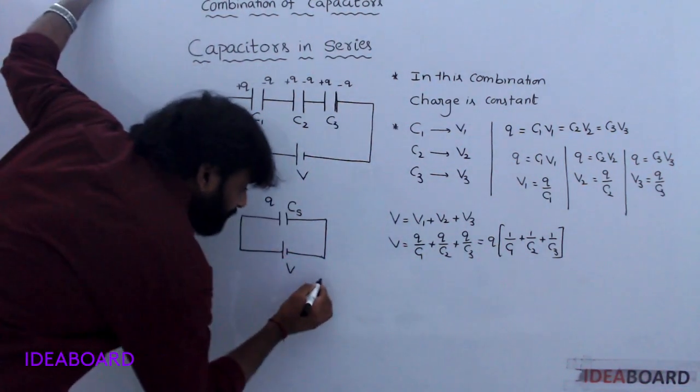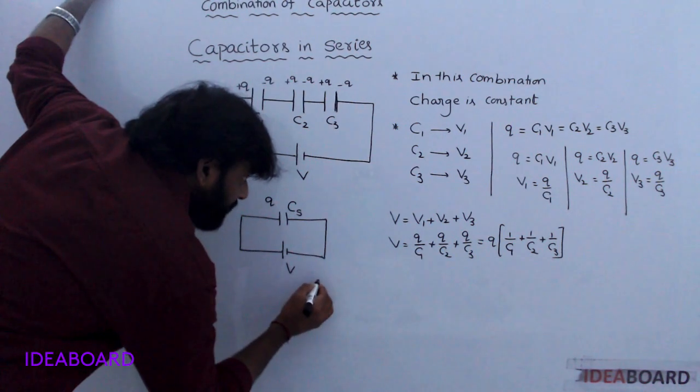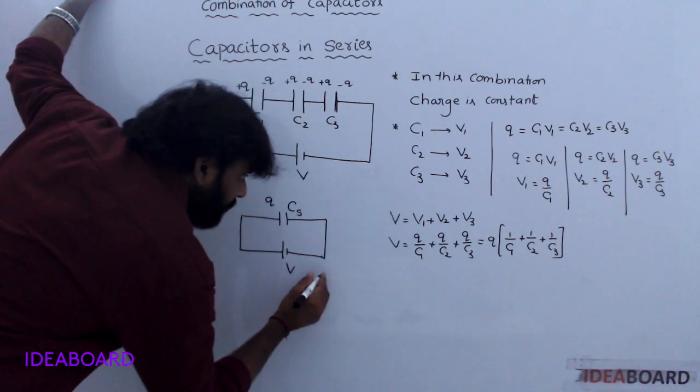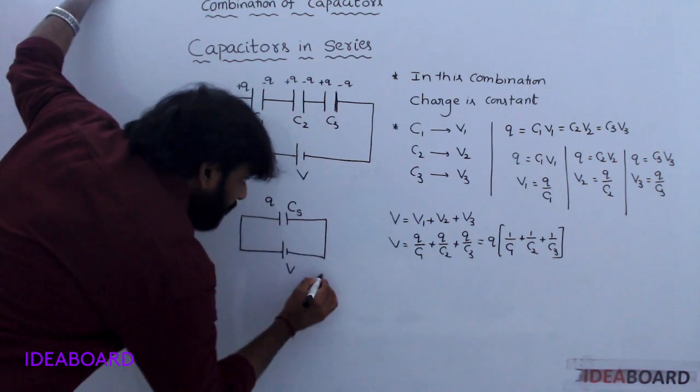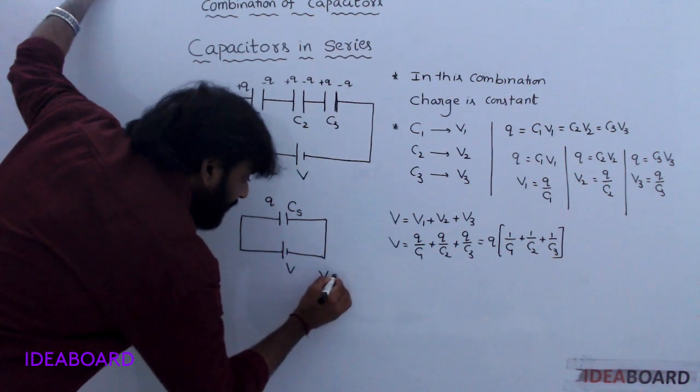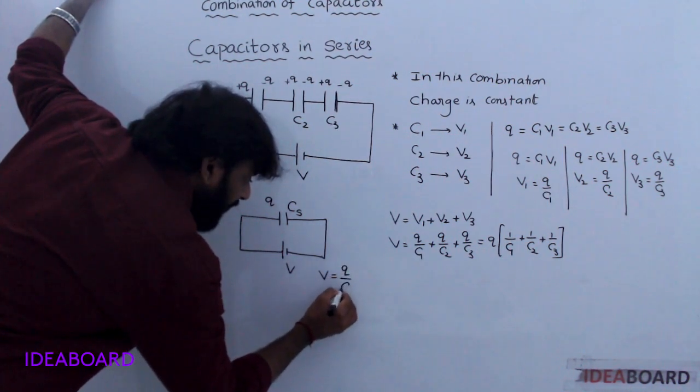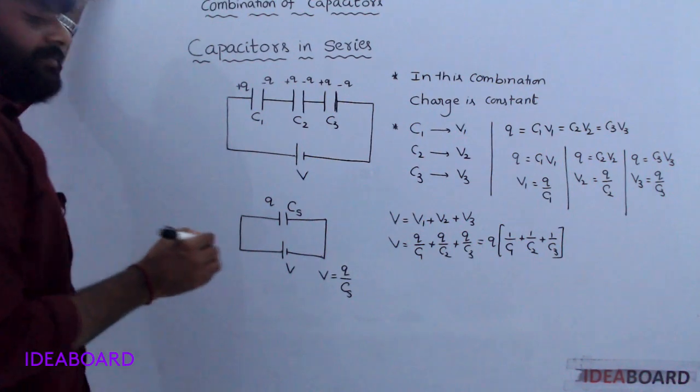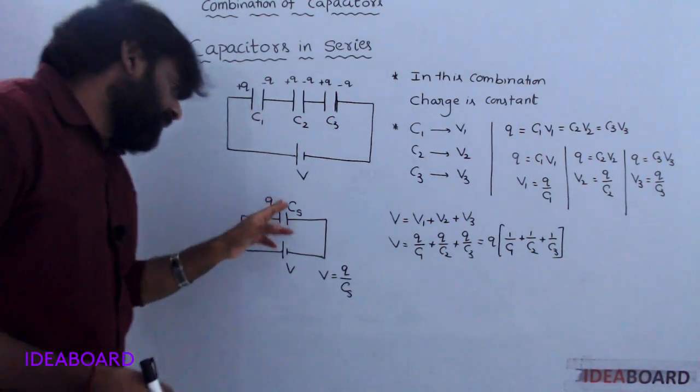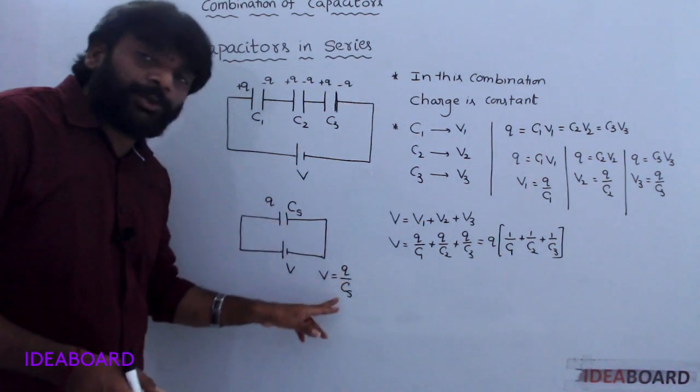From this we write V is equal to Q by CS.